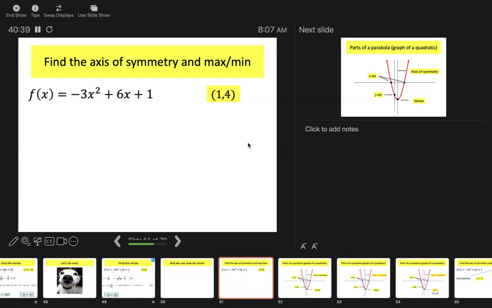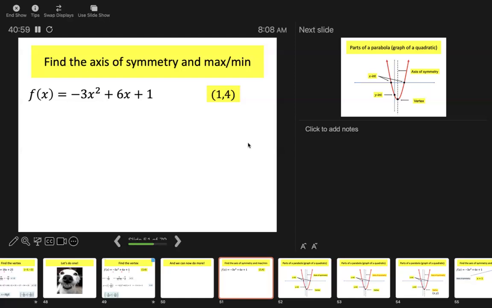Okay, so now we added another question that we can ask. Find the axis of symmetry and the min or max. So where's the axis of symmetry? For any parabola, it occurs at the vertex, which is the x value of the vertex.